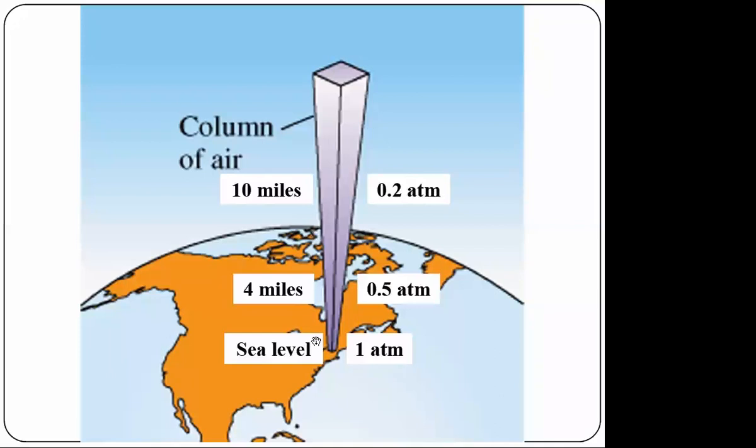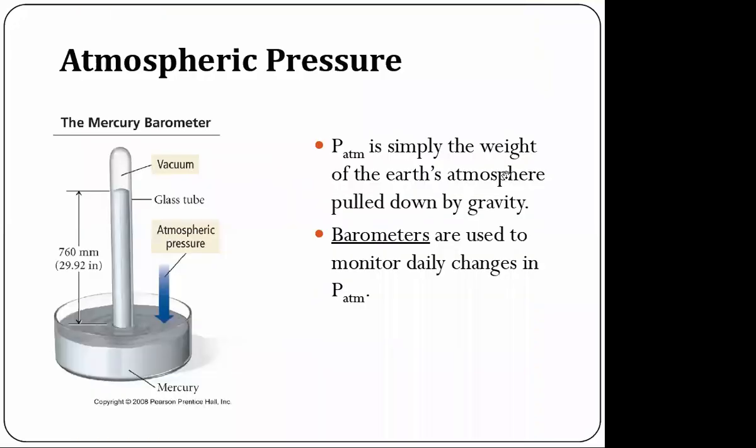Meaning that as you move away from the surface of the earth, from sea level, you have a reduction in the pressure associated with the volume of air existing within that region. Now, atmosphere is one of the units of measuring pressure, but it's not the only unit you can use.